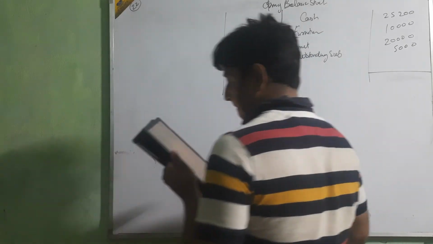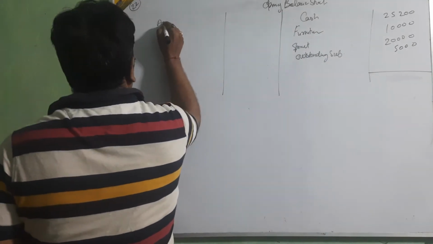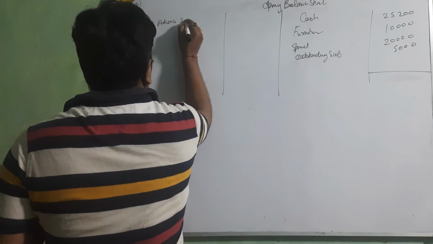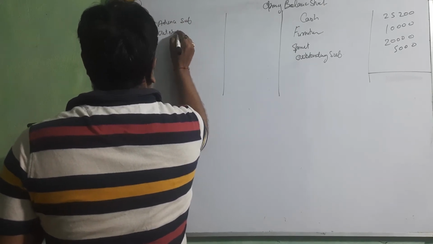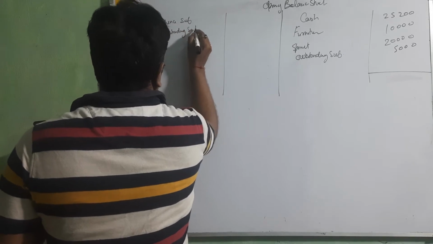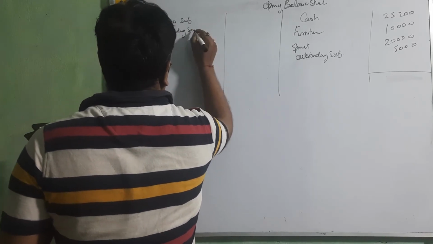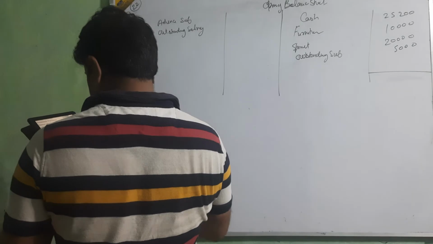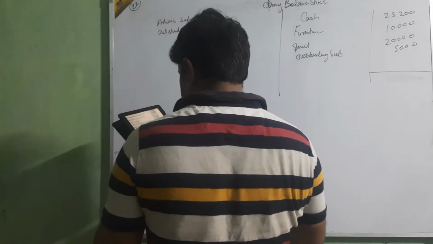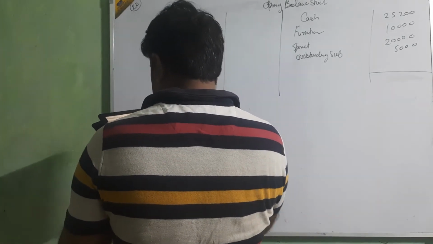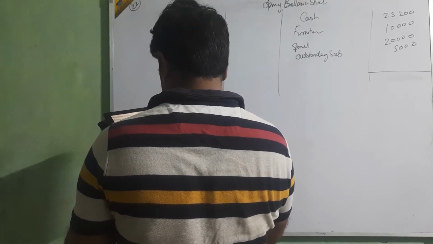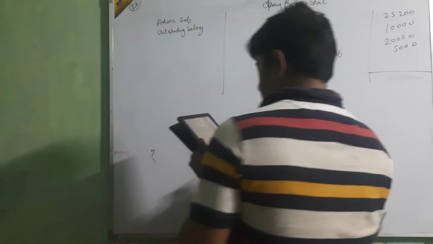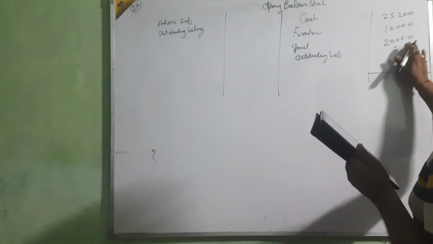And advance subscription and outstanding salary. Advance subscription for last year is 7,000.